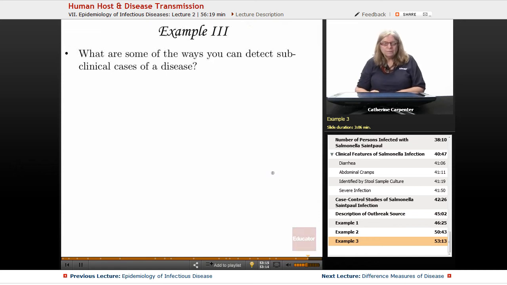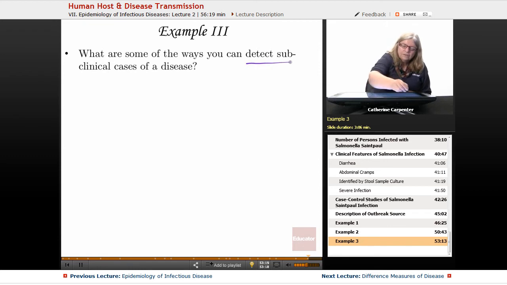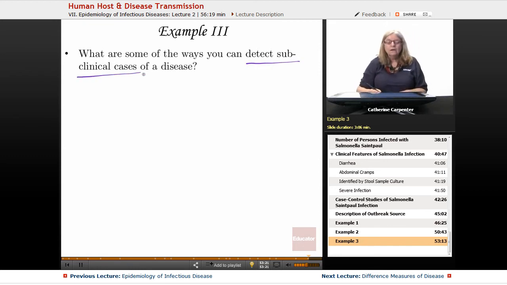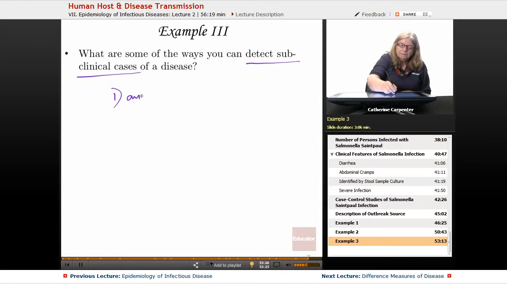So the third example: what are some of the ways you can detect subclinical cases? Number one, antibody detection.